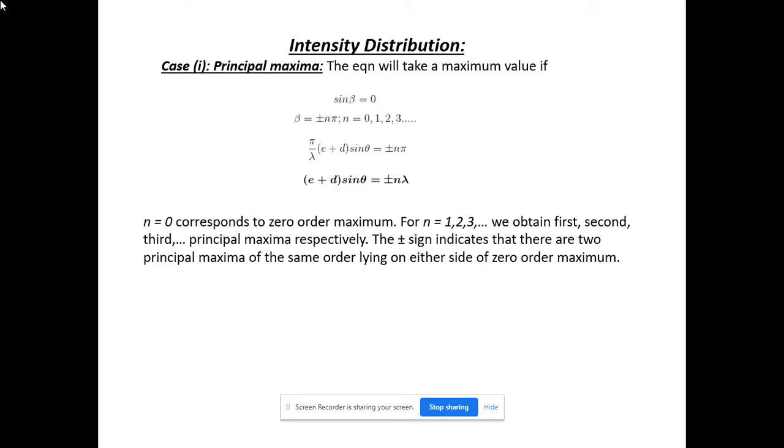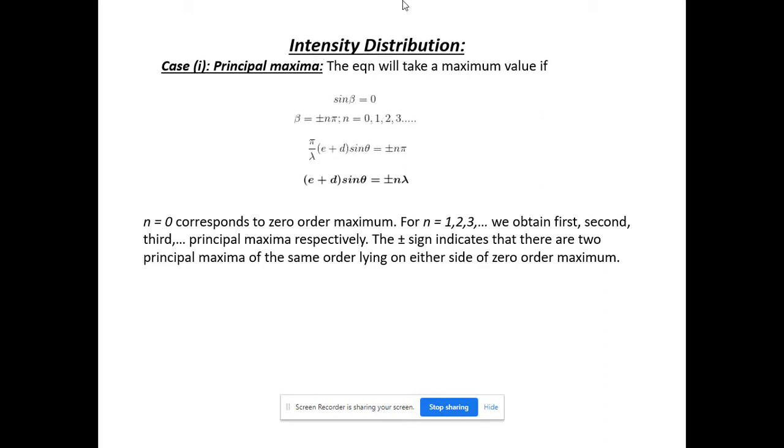This equation will take a maximum value if sine beta equals 0. Putting sine beta equal to 0 gives beta equal to plus or minus n pi, where n can start from 0, 1, 2, 3, etc. That is very different from the single slit, because now there is not just one maximum; there are actually infinite maxima for all these values of n.